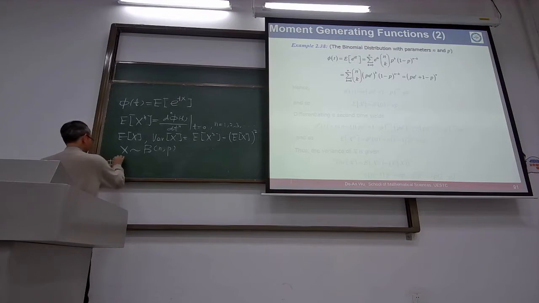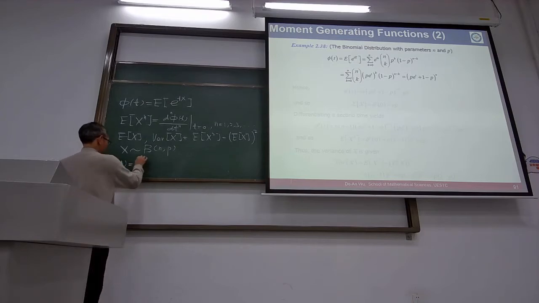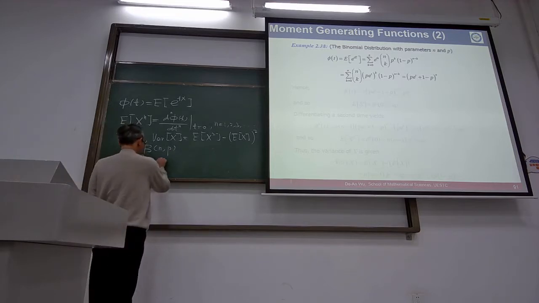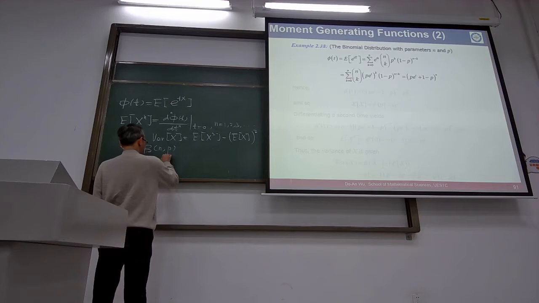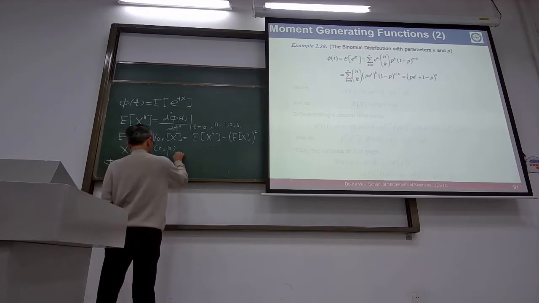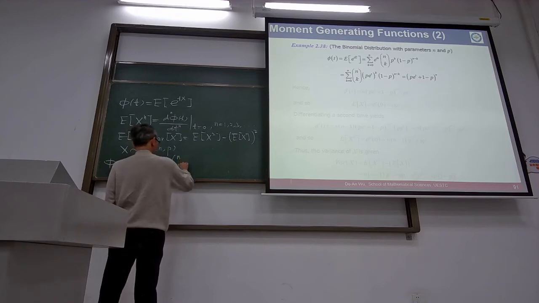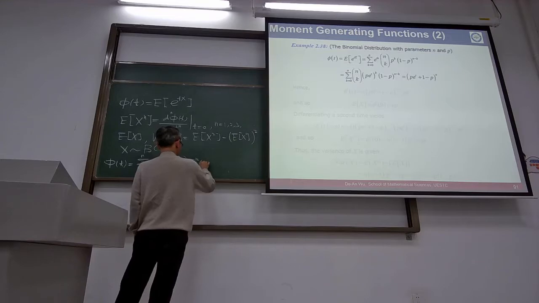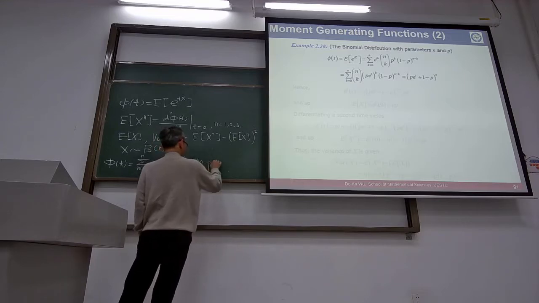The moment generating function is given by the sum over k from 0 to n of e to the tk times n choose k times p to the k times 1 minus p to the n minus k.